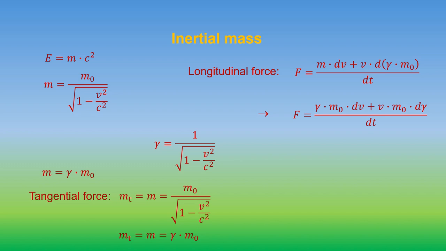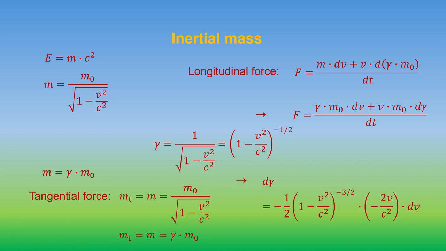Remember, gamma equals 1 over the square root of 1 minus v squared over c squared, which equals 1 minus v squared over c squared to the power of minus 1/2. And gamma is a function of v only, so the differential of gamma is d gamma equals minus 1/2 times 1 minus v squared over c squared to the power of minus 3 over 2 times minus 2v over c squared times dv.